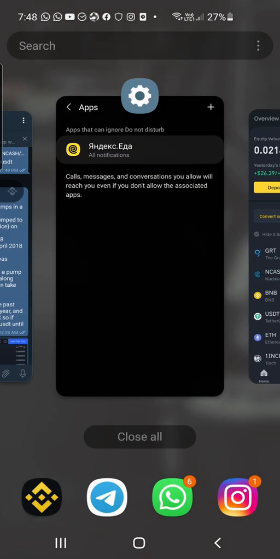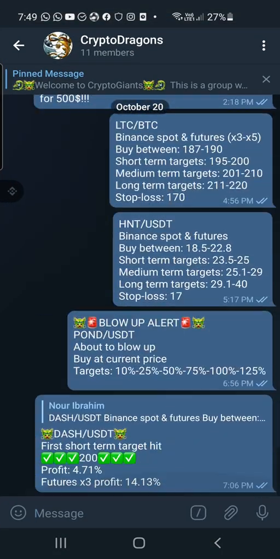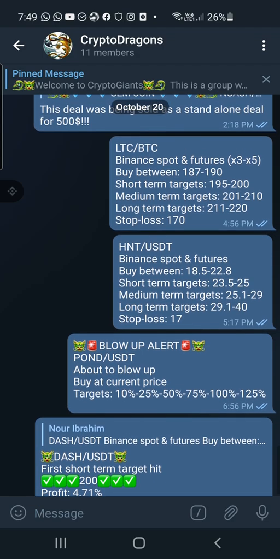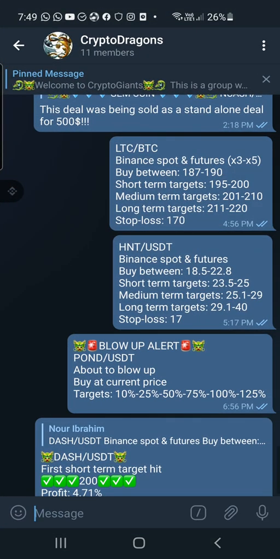That is very simple, because that is the job of our group. Basically, we just show you what you need to buy. For example, over here we have HNT USDT, Binance Spot, and futures. I'll talk about futures in just a minute.